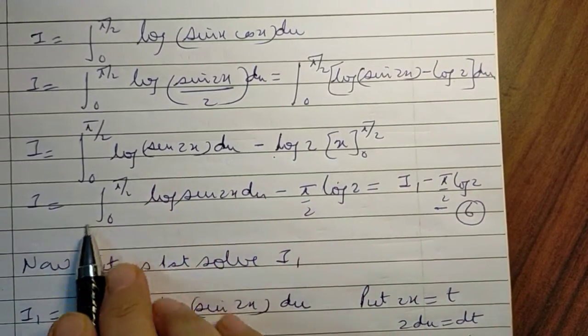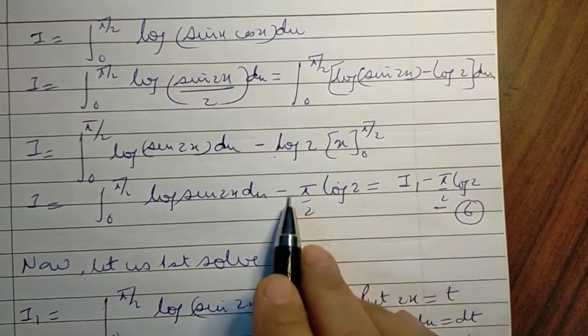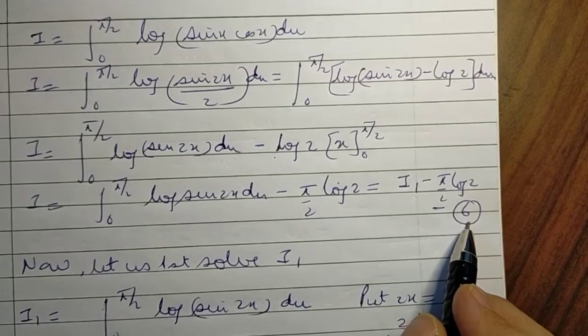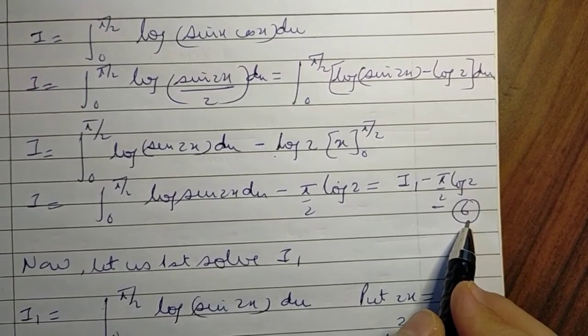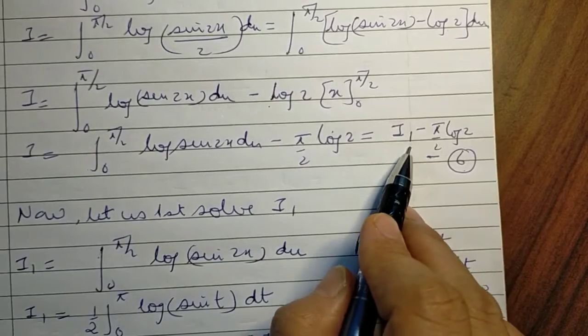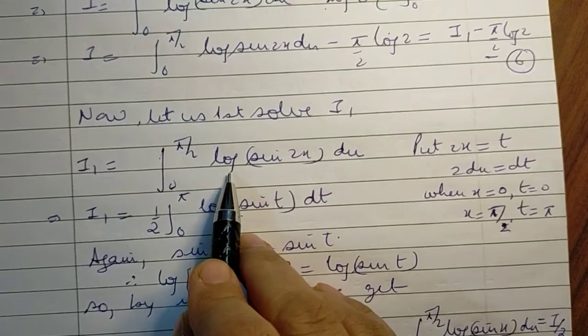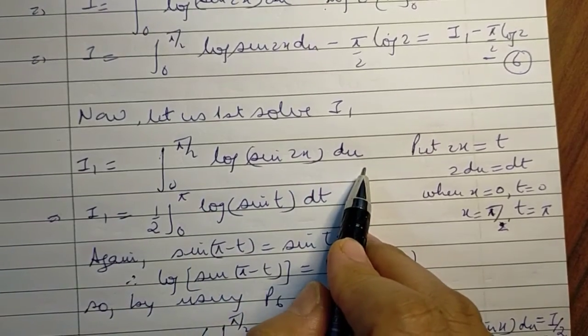So let's call this one as integral 1, that is I1, and this gets carried down as it is. Let's call it equation number 6. Now before doing anything, let's solve the integral I1. I1 is 0 to pi by 2 log sin 2x dx.